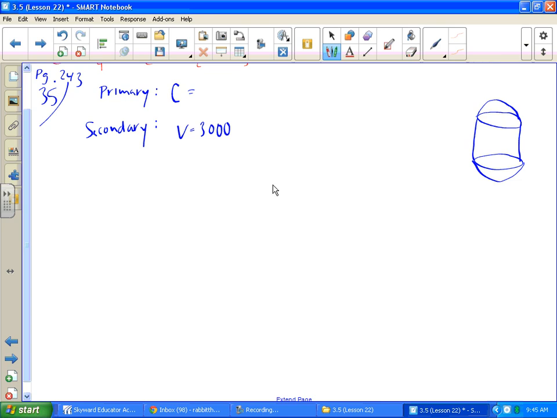Find the dimensions that will minimize cost. So we're trying to minimize our cost here. And the ends cost twice as much per surface area as the sides. So these are 2 times the cost.